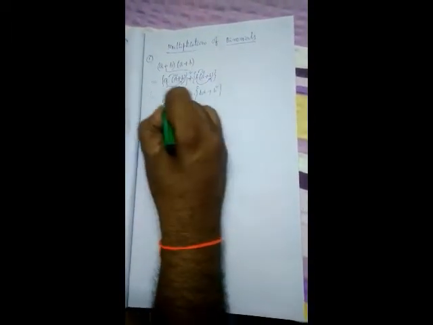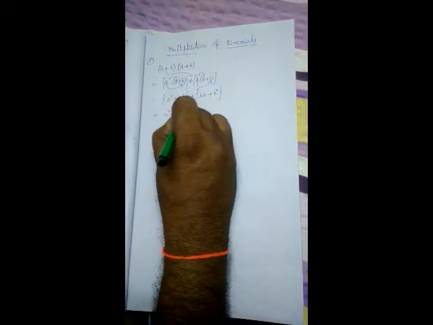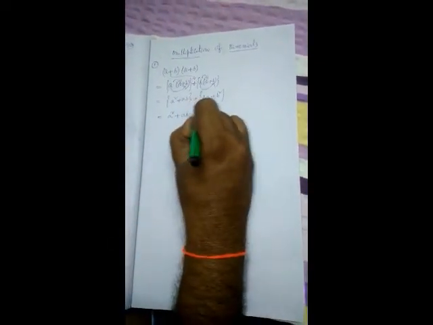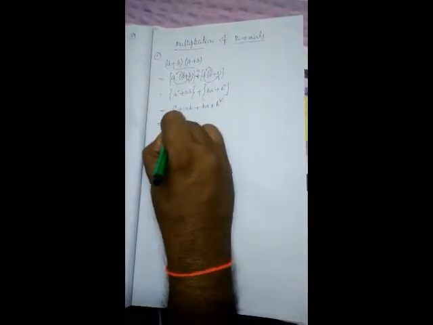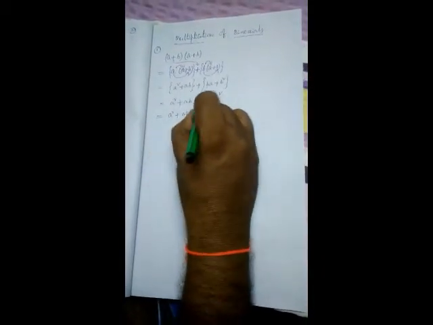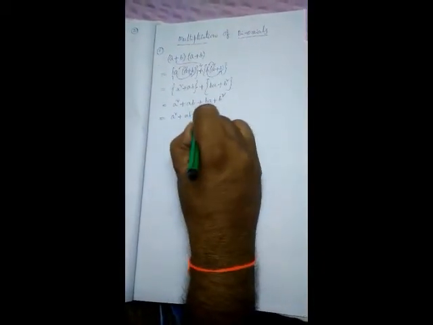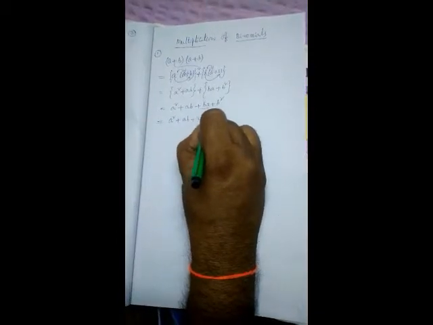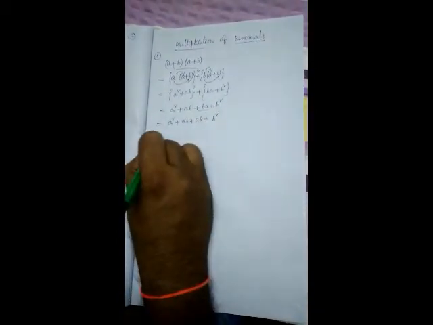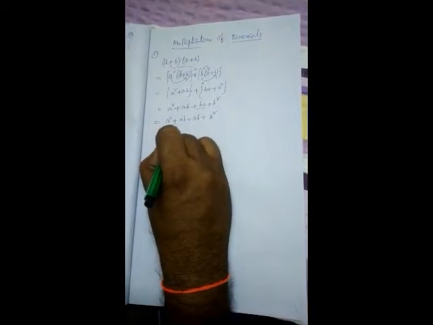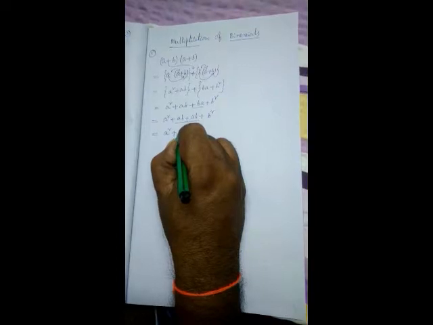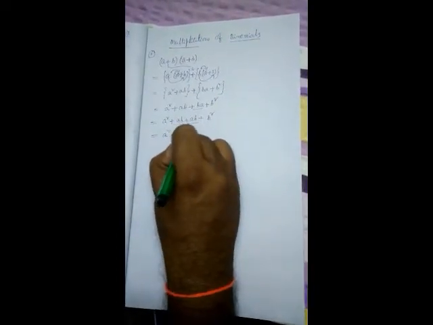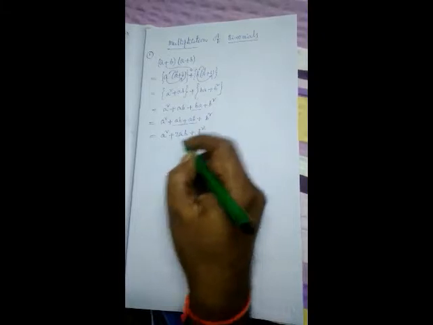We can break the brackets because all are plus symbols. a square plus ab plus ba plus b square. ab and ba we can write as b into a or a into b, both are the same. So a square plus ab plus ab is 2ab, because 1ab plus 1ab is equal to 2ab, plus b square.